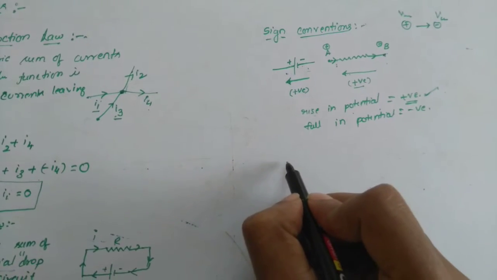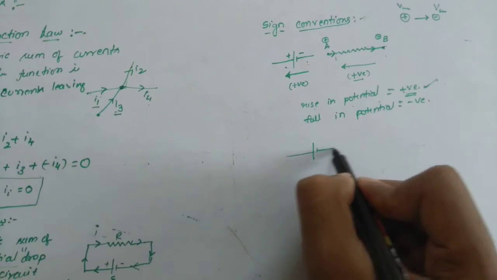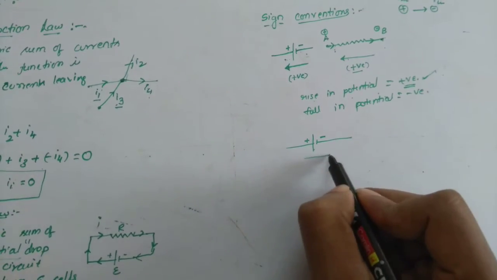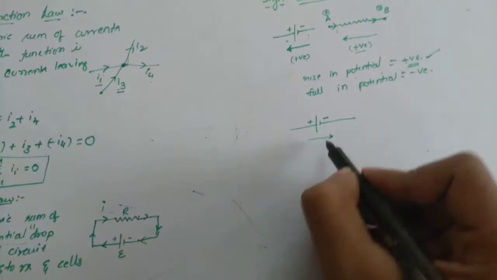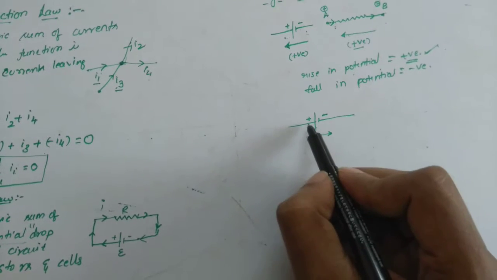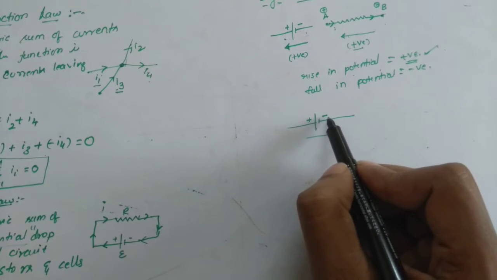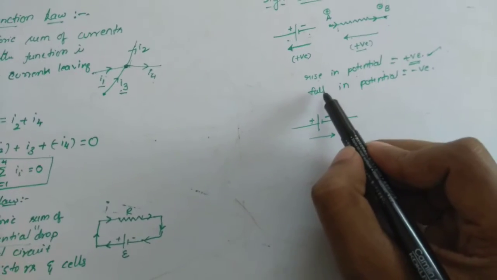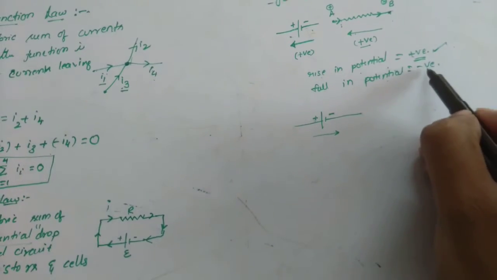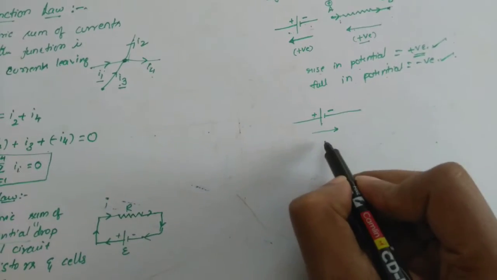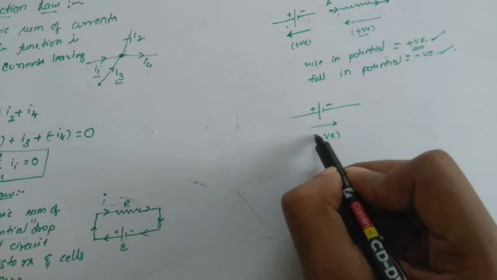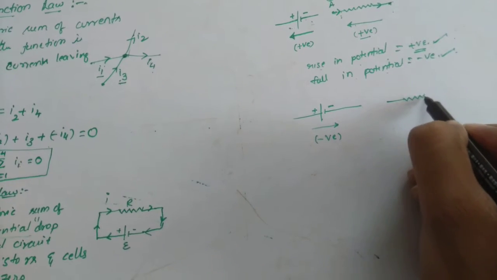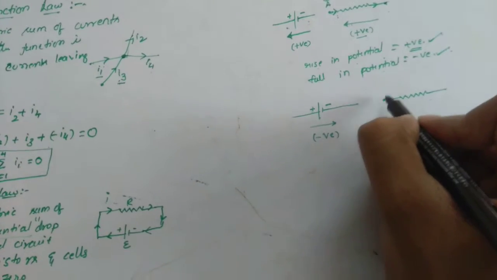In the similar way, if we are moving from positive terminal of the battery to negative terminal of the battery, we are moving from high potential to low potential. So there will be a fall in potential. The fall in potential is taken as negative. Now consider the situation of the resistor.